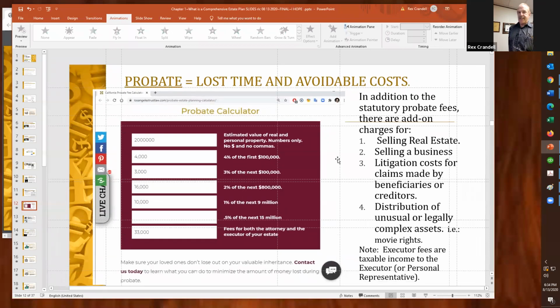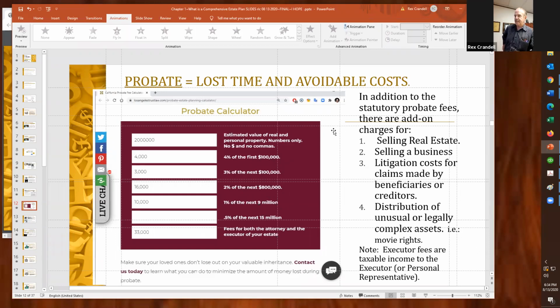Okay, the next slide is a probate calculator I got off the internet, and I chose an estate value of 2 million. With houses in the Bay Area being 900,000 to 1.5 million, a $2 million estate is not that unusual.